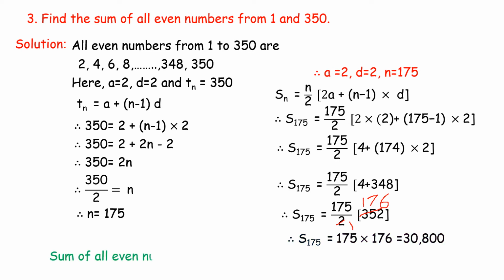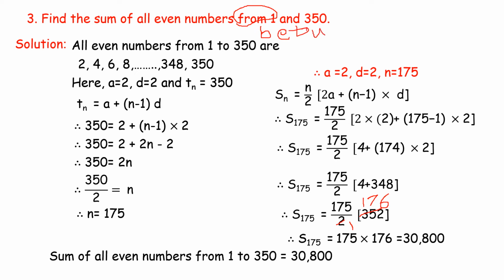The sum of all even numbers from 1 to 350 is equal to 30,800. If here the word given is "between", then we take the numbers up to 348.